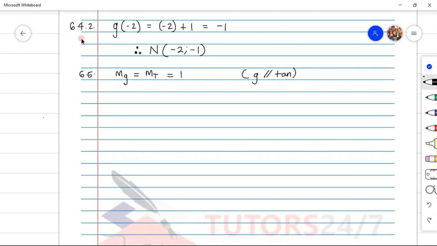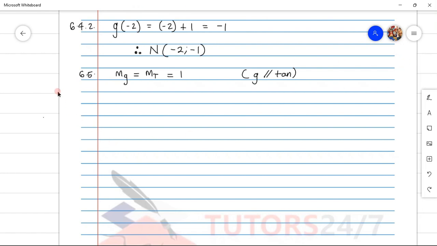So because the function g was parallel to the tangent, their gradients were equal. So we have our first requirement for calculating the equation of a line. We have our gradient. Now the next thing we need to find or to determine is our coordinates. So we need a coordinate on the line of our tangent.